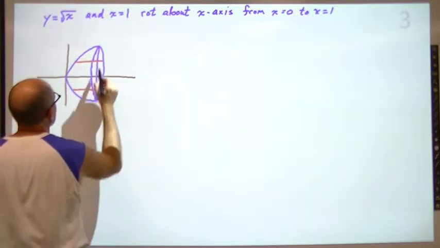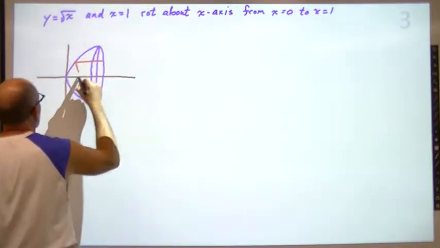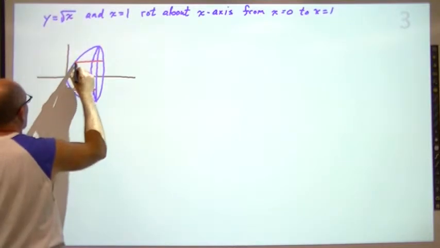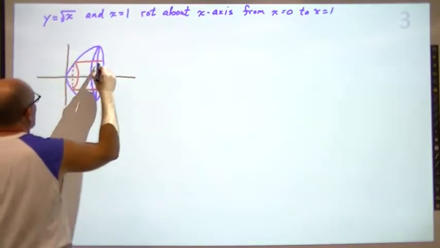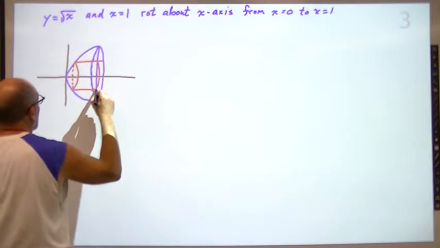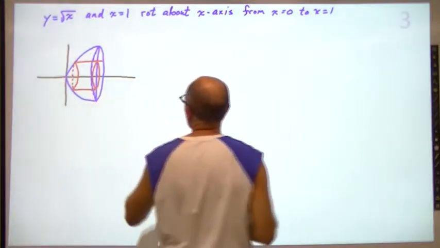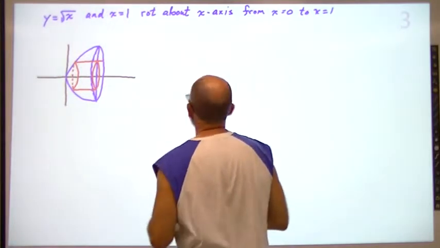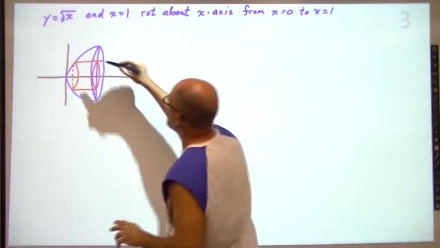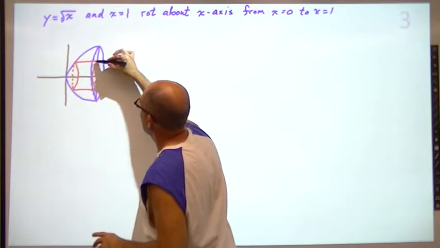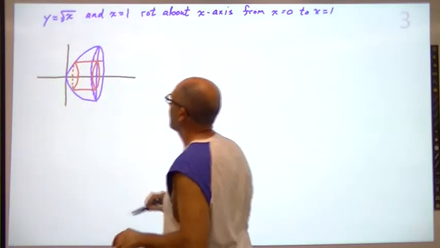Actually, there's a shell. And so notice our shell thickness is dy.